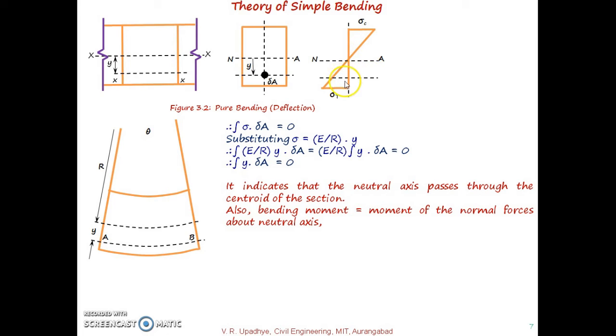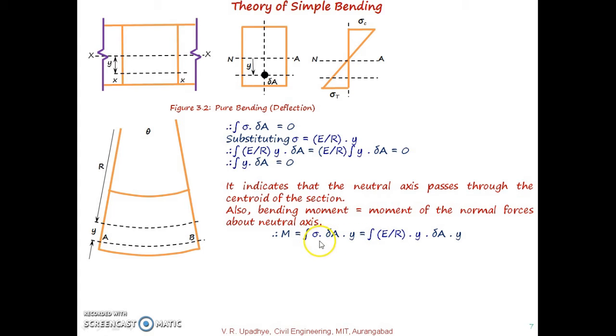Then these two forces, if they are equal and opposite, will create a couple, and that will be the internal moment. This internal moment and the bending moment due to externally applied force must be equal and opposite. So capital M, that is the bending moment due to externally applied forces, must be equal to integral sigma delta A into y.